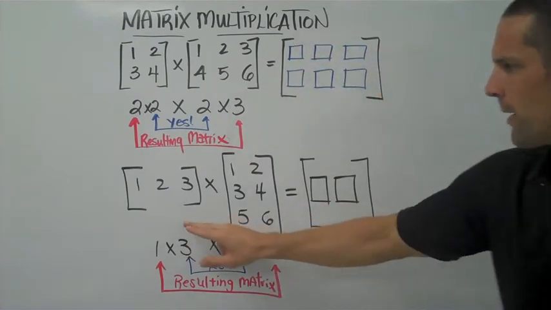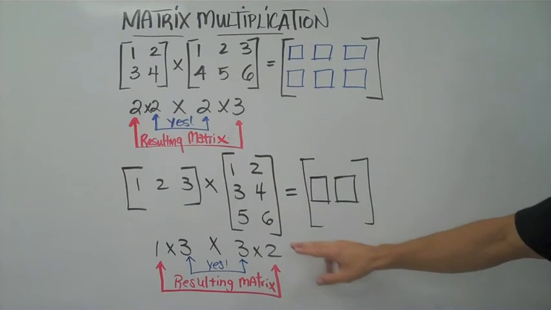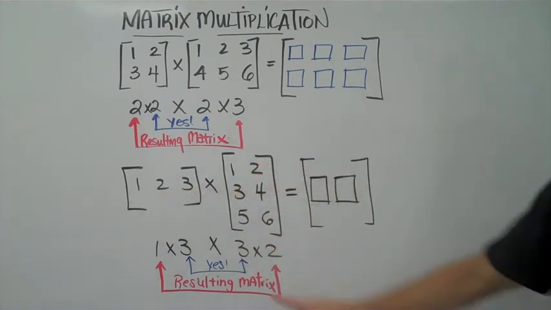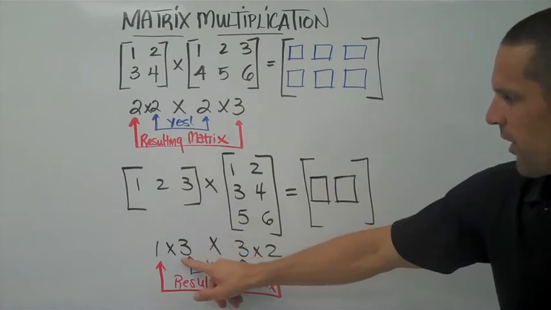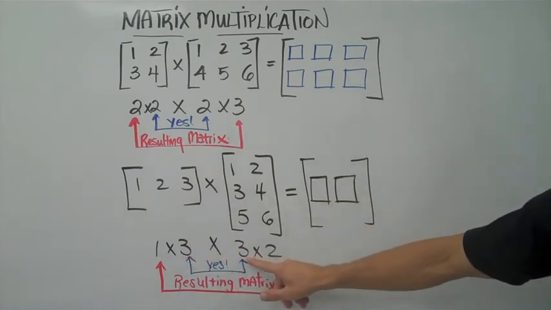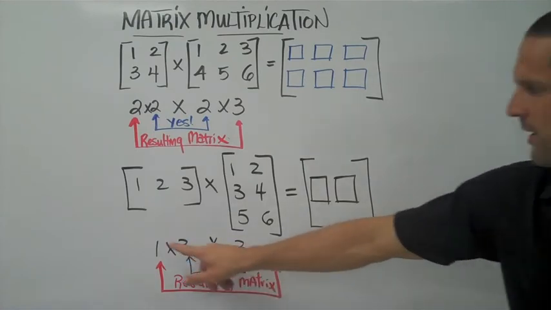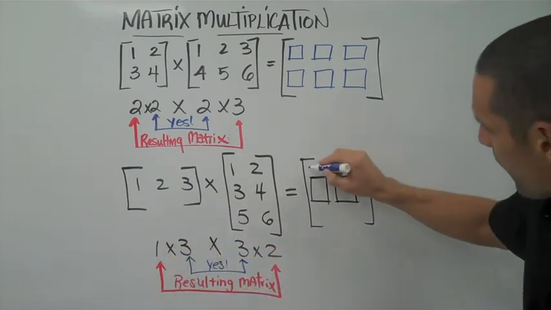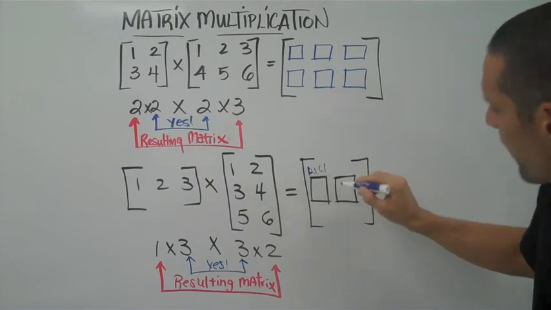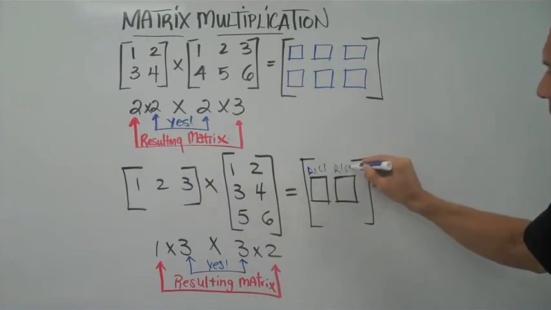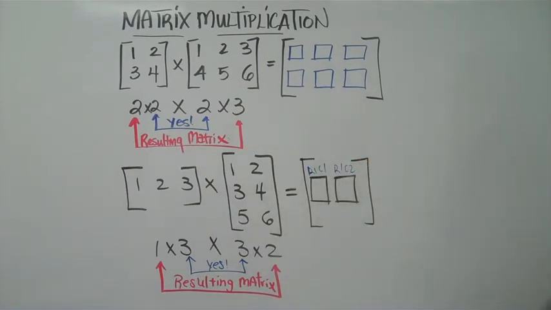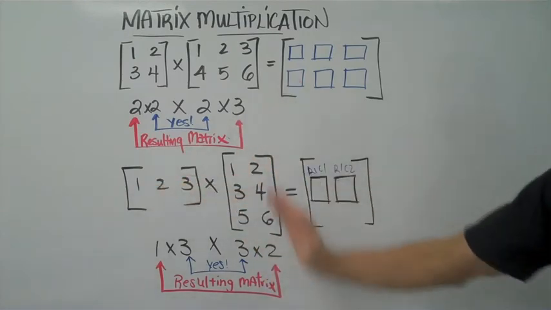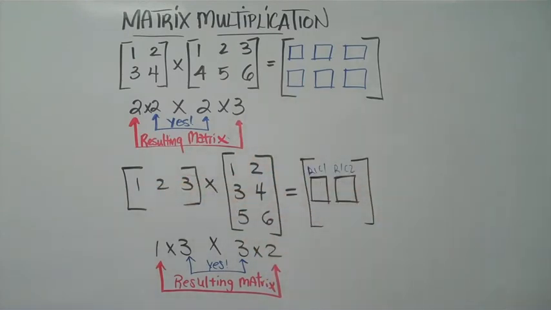If I have a 1 by 3 times a 3 by 2, that's 1 row by 3 columns and 3 rows by 2 columns, the columns of matrix 1 are equal to the rows of matrix 2, and our resulting matrix will be a 1 by 2. Here we have row 1, column 1, and this is row 1, column 2, and that tells you where to multiply. Row 1 by column 1 goes there. Row 1 by column 2 goes there.